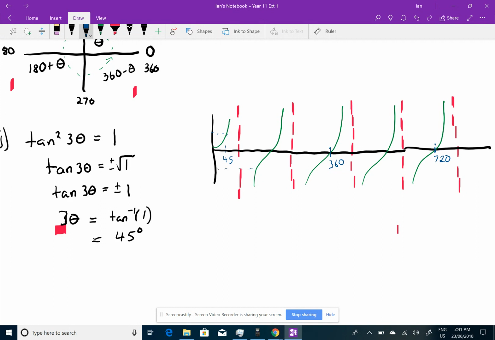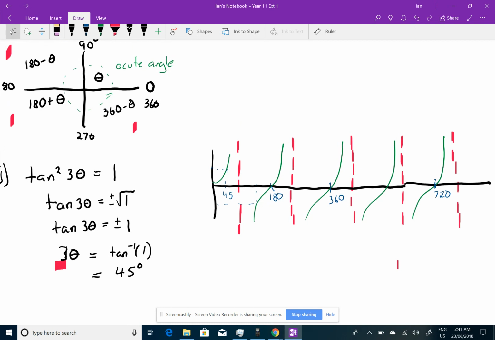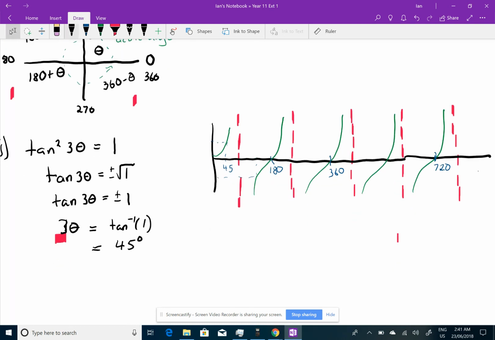But we've also got -1, so we're going to get that. And remember, this is 180, so there's going to be 180 more. Look at our little diagram. We're going to go 180 minus the acute angle. So let's put that in: 180 minus 45, because that'll give us a -1. Remember, it's plus or minus 1, so we've got to get all of them.